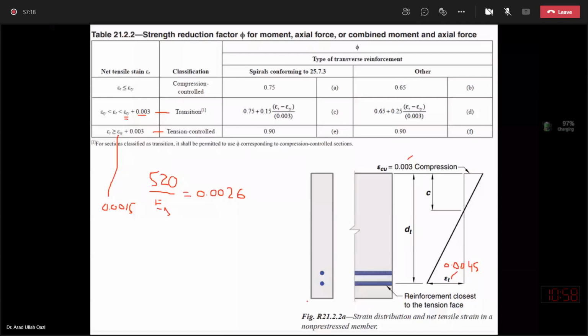So rather than fixing 0.005, because in previous publications, the maximum steel grades normally in practice was 420 grade.